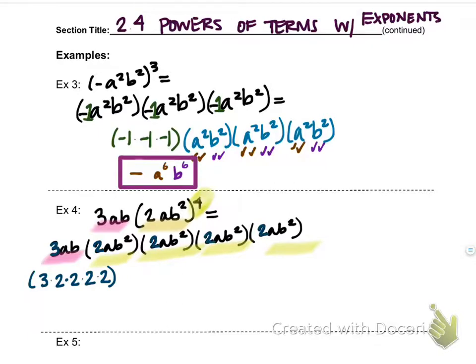So I'm going to multiply 3 times 2 times 2 times 2 times 2. And I kind of highlighted those in blue just to indicate the coefficient of each of the terms we're multiplying. Now let's go ahead and organize our variables.